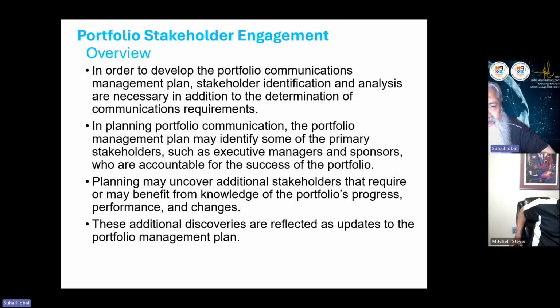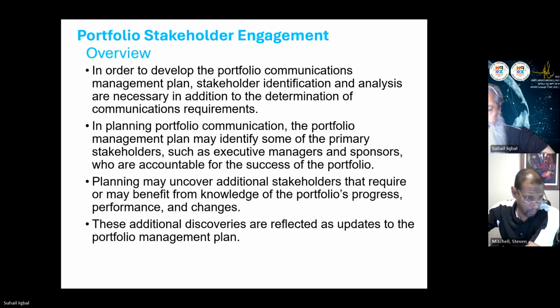Stakeholder identification and analysis are necessary in addition to the determination of communication requirements. In planning portfolio level communications, the portfolio management plan may identify some of the primary stakeholders. So even when we are creating the portfolio management plan, some of the stakeholders might have been mentioned there, but we are elaborating even further. Planning may uncover additional stakeholders.